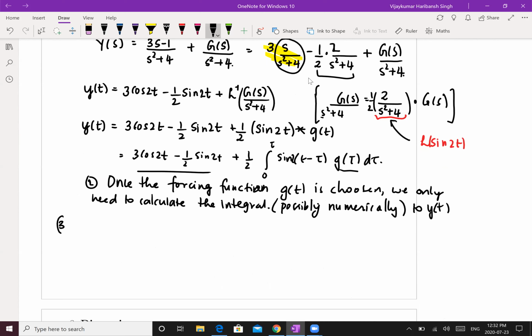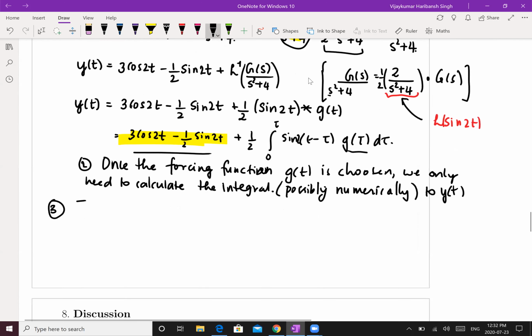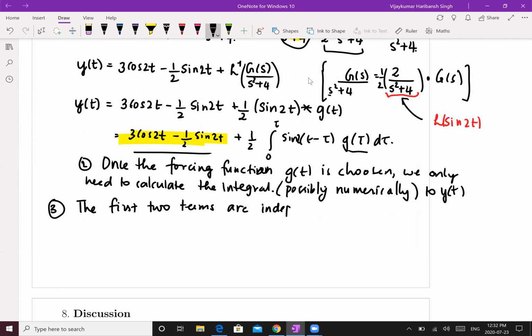Now, the third important point is about the first two terms. What are the first two terms? These two terms. The first two terms are independent of g of t and only depend on initial conditions, right?